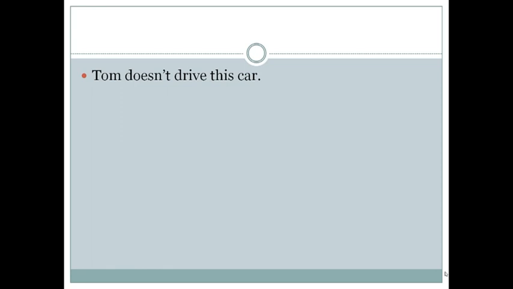Tom doesn't drive this car. This car isn't driven by Tom.